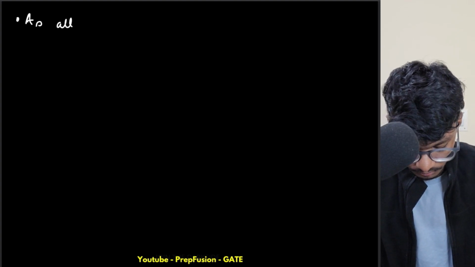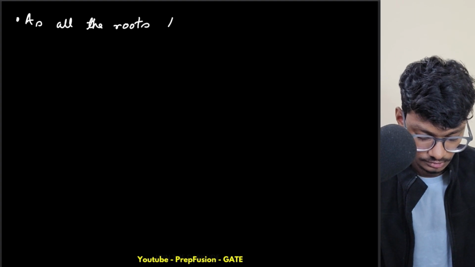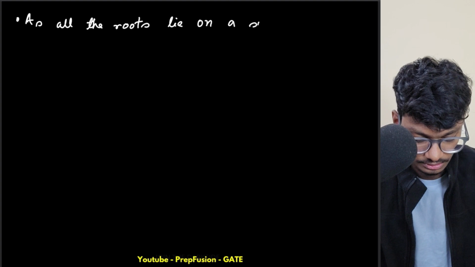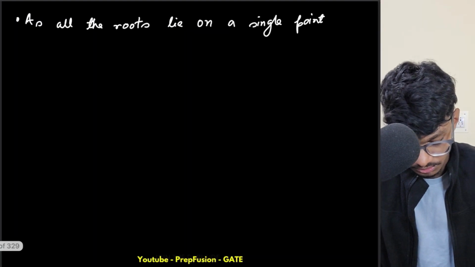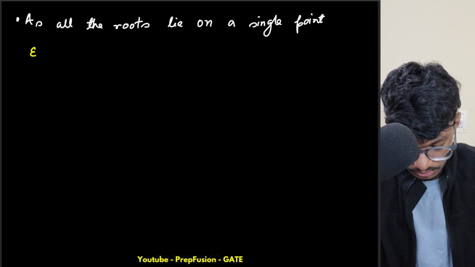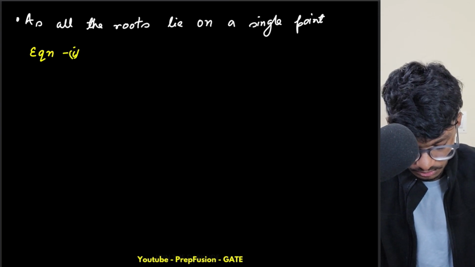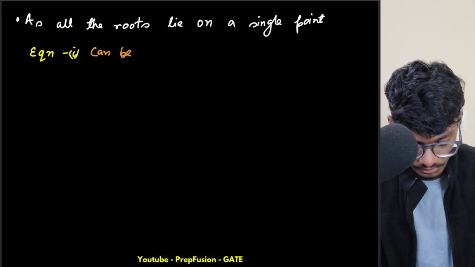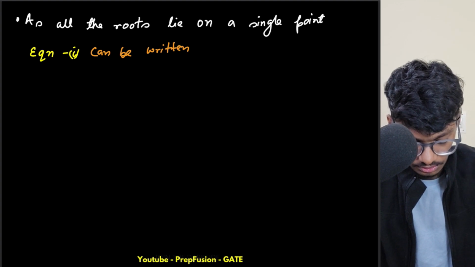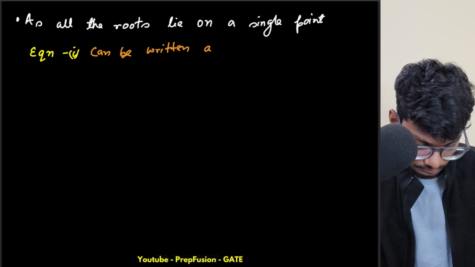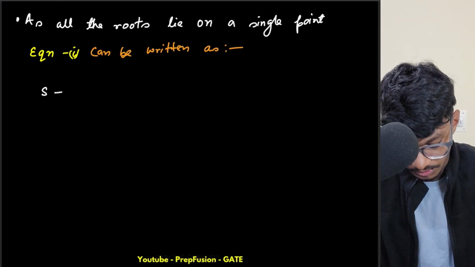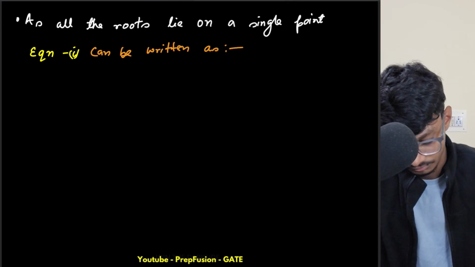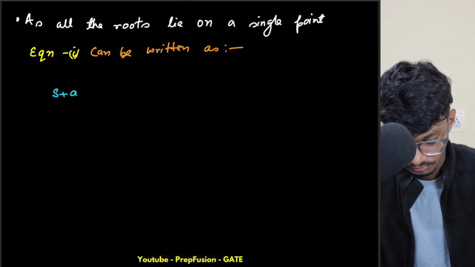as all the roots lie on a single point, equation 1 can be written as (s plus a) cube equals 0.